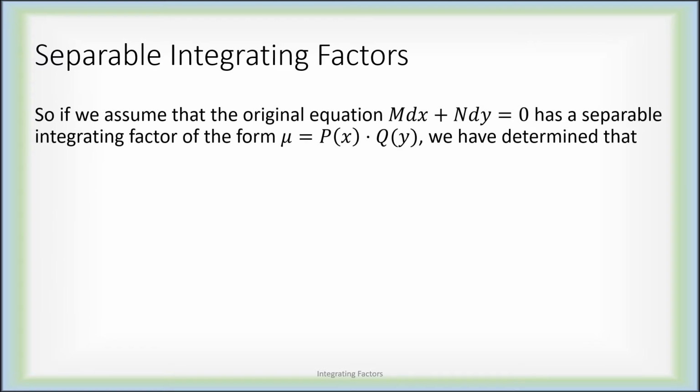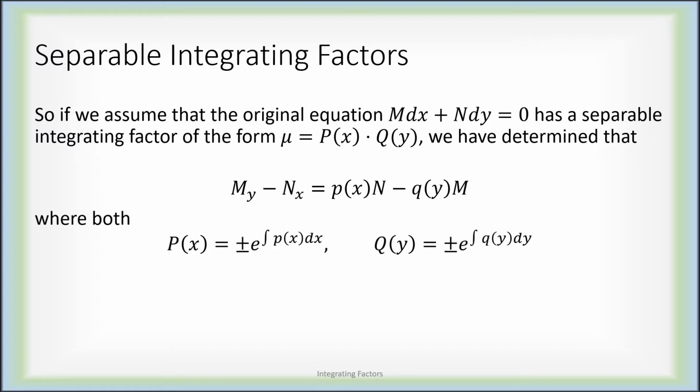So, if we assume our original equation of M dx plus N dy equals 0, first of all, has an integrating factor, second of all, the integrating factor can be separated into some capital P of x times capital Q of y, we've determined that m sub y minus n sub x must be little p of x times N minus little q of y times M, where capital P of x is plus or minus e to the integral of little p, and capital Q of y is plus or minus e to the integral of q of y.